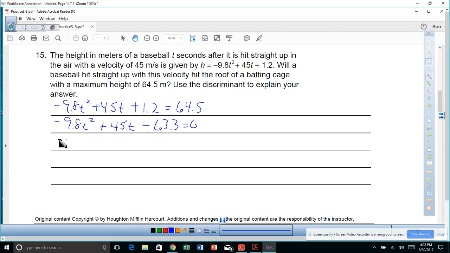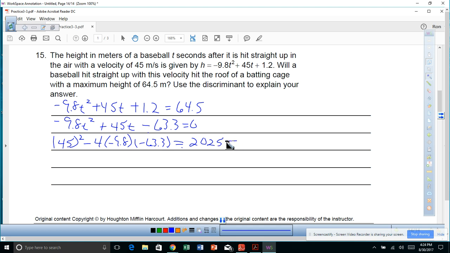So b squared, that's going to be 45 squared minus 4 times a, that's -9.8, times c, which is -63.3. What is that going to equal? 45 squared is 2,025. Now, no, I didn't do that in my head. I used the calculator. And then we got negative, negative, and negative.